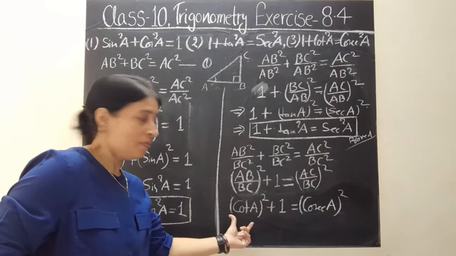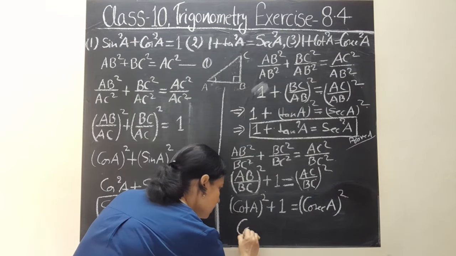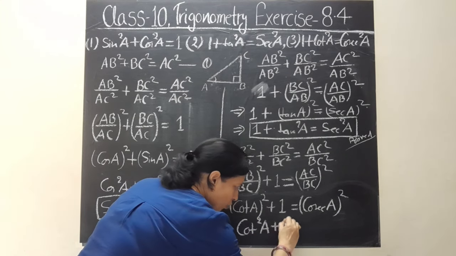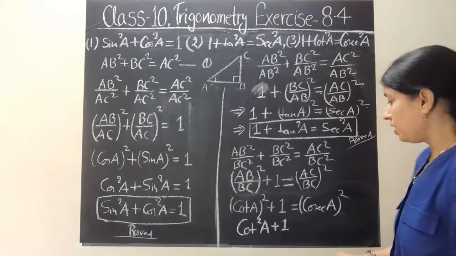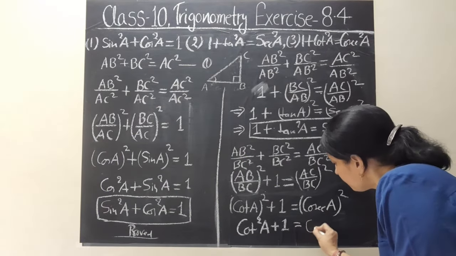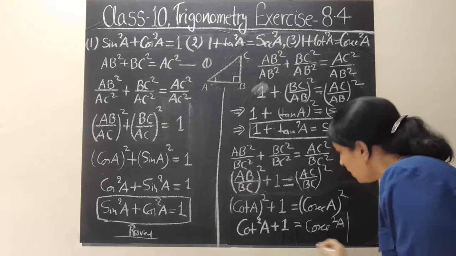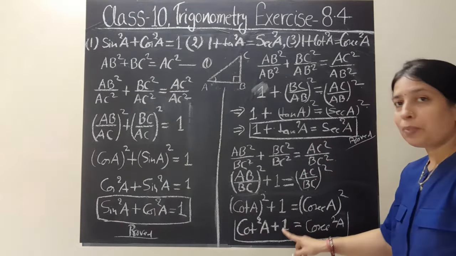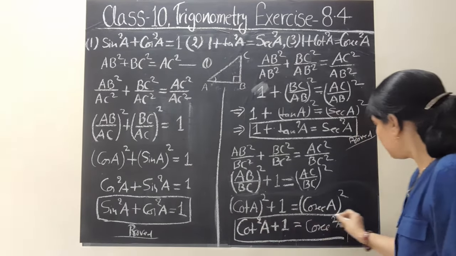So square of cot will be cot square A. So write here cot square A plus 1 and square of cosec will be cosec square A. So write here cosec square A. This one is your third identity. Cot square A plus 1 is equal to cosec square A. So this one is proved.